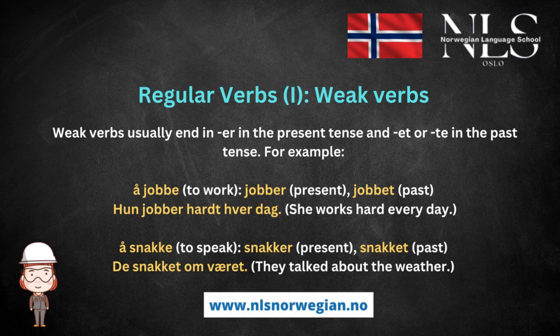Group 1, weak verbs. Weak verbs are the most common type of regular verbs in Norwegian. They usually end in er in the present tense and et or te in the past tense.